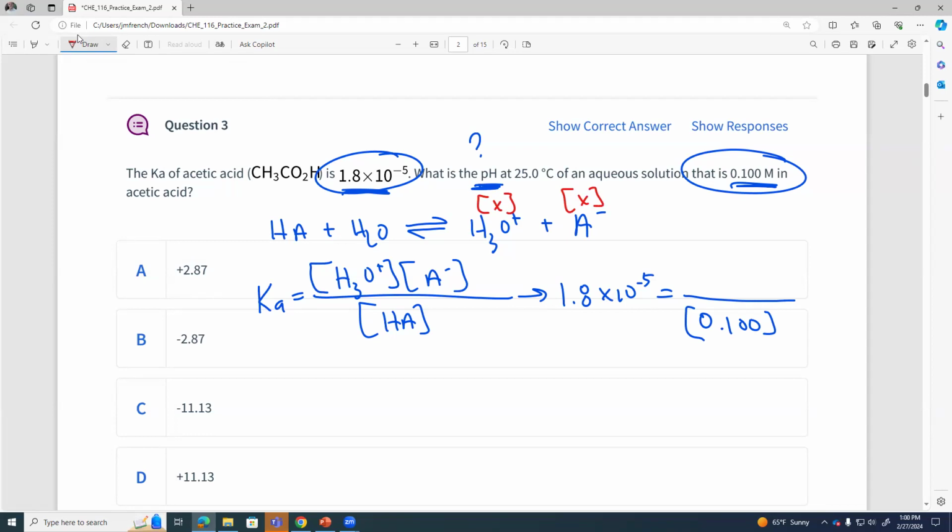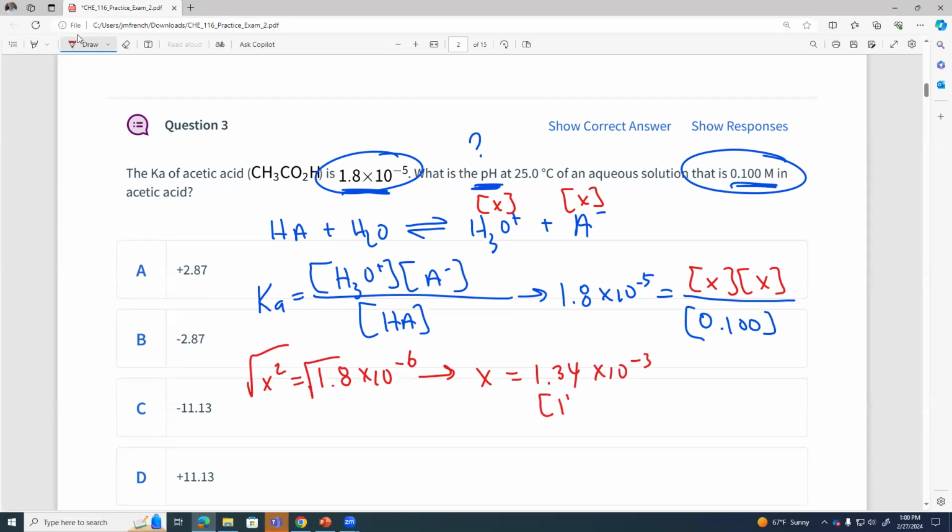So we get X times X. We multiply across, we're going to get X squared equals the Ka times the concentration. Take the square root of both sides and we can get X, 1.34 times 10 to the minus 3.